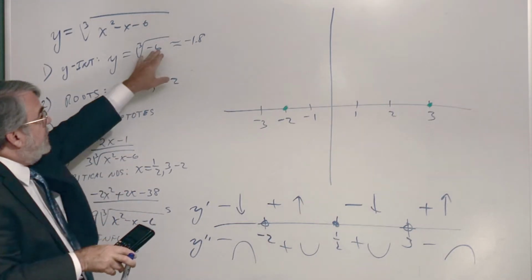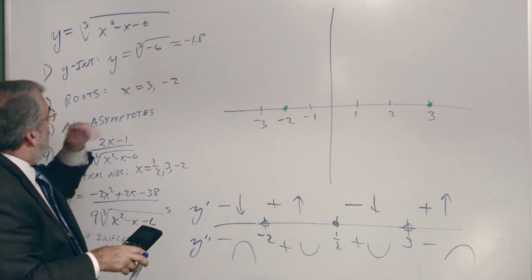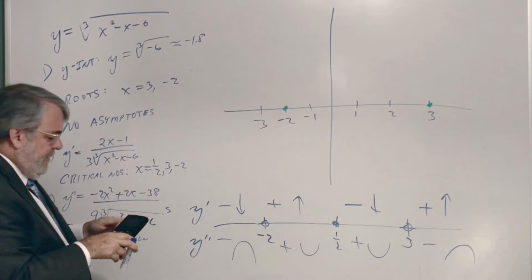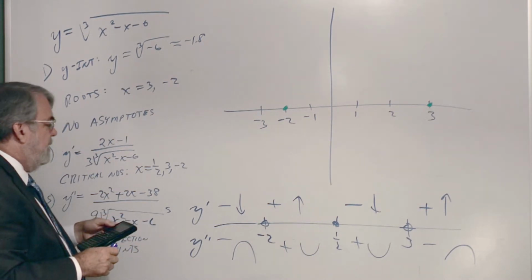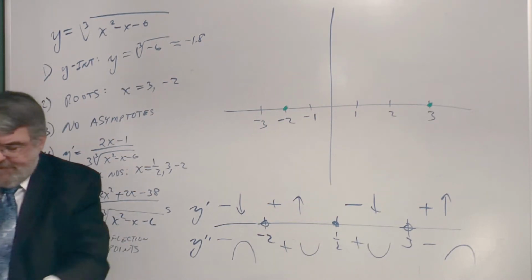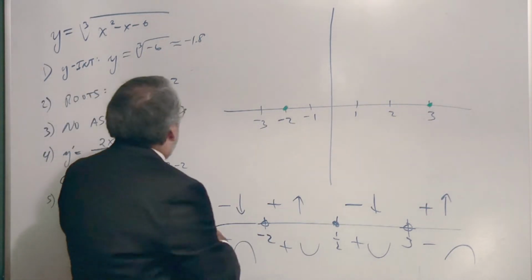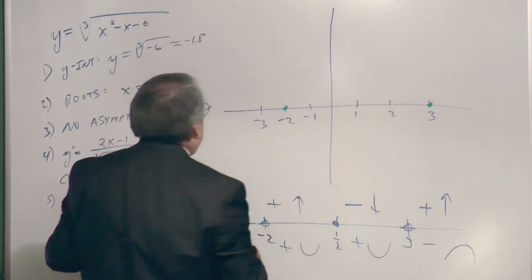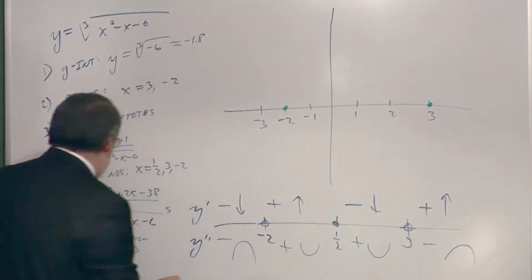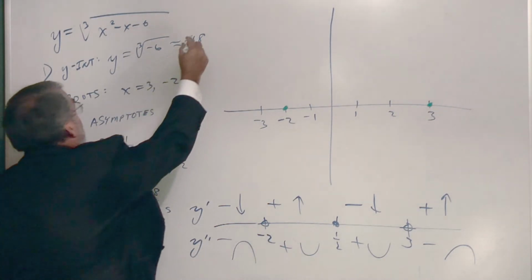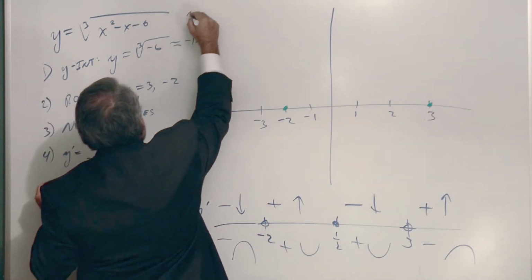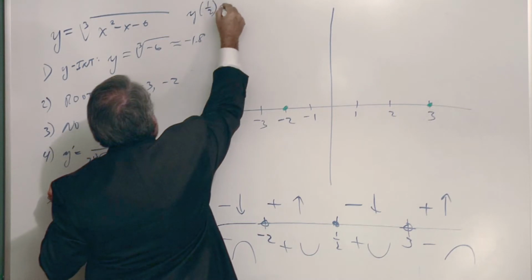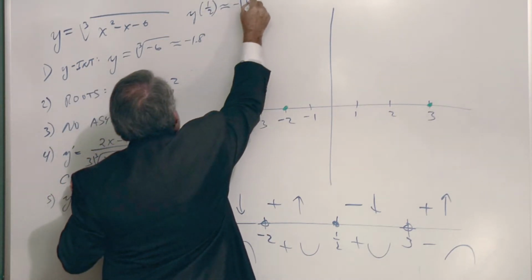It's a little bit different from this one because mine was minus 6.25, 6 1/4. So the 1/2, where should we put it? So let me just add up here that y at 1/2 is approximately minus 1.84.